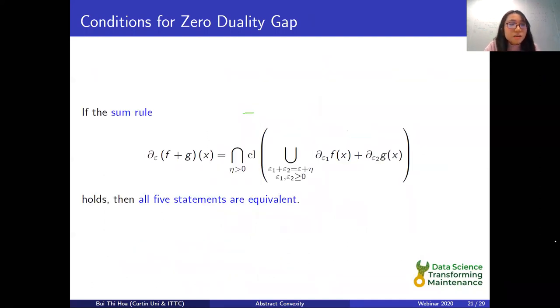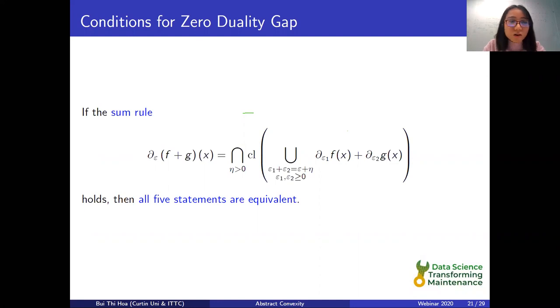But if the sum rule holds, then all five statements are equivalent. This will recover the result in standard convex analysis, because the sum rule holds for every lower semi-continuous function.